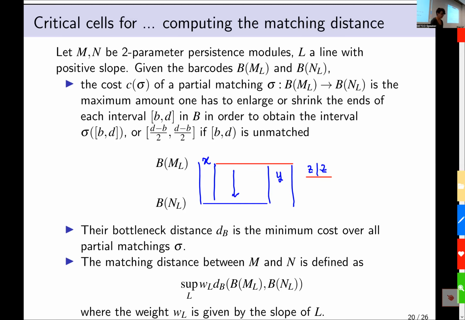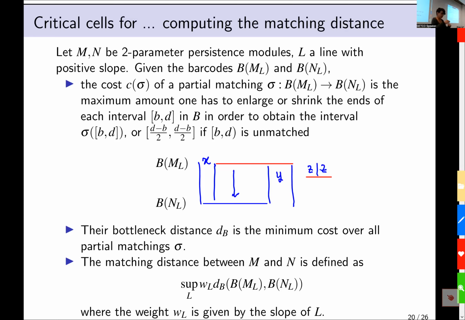Then I take the maximum among these values, X, Y, and Z, and I do this for all the matchings, and I take the infimum over all the possible matchings sigma, and this gives me the bottleneck distance.